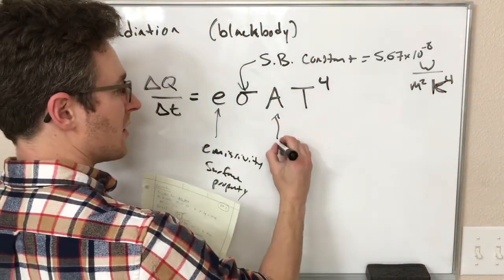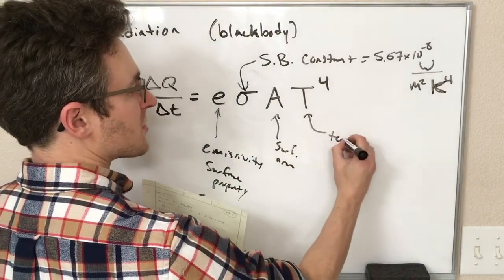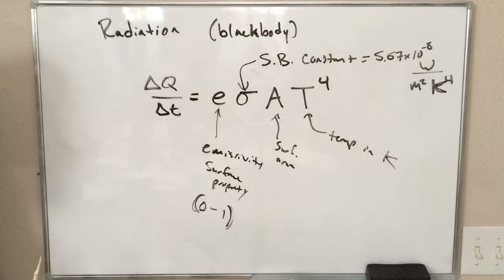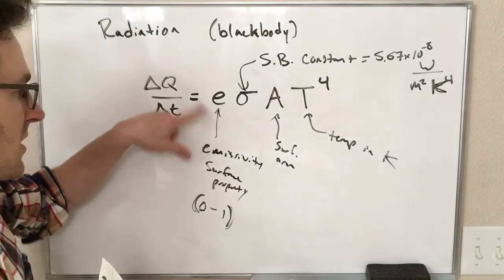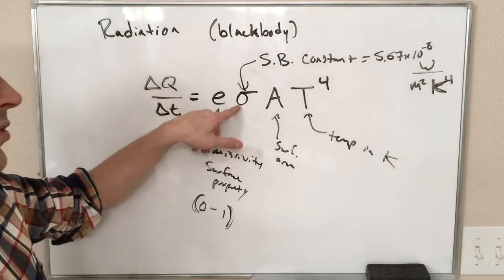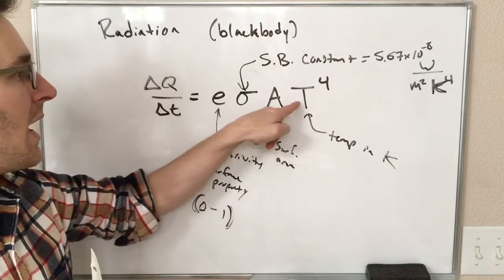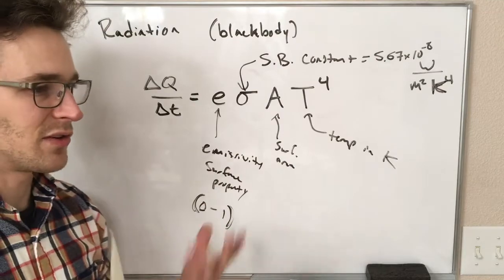A is the surface area of our object, and T is, of course, our temperature in Kelvin. If you just want to estimate these values, you can say the emissivity is about 1. The Stefan-Boltzmann constant is always 5.67 times 10 to the minus 8, and you end up with AT⁴. The area of an object, if it's a sphere, is easy to calculate.